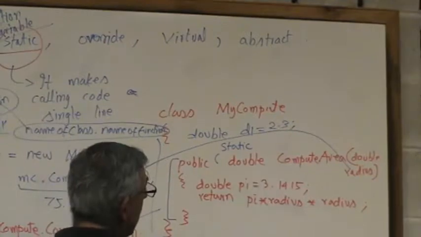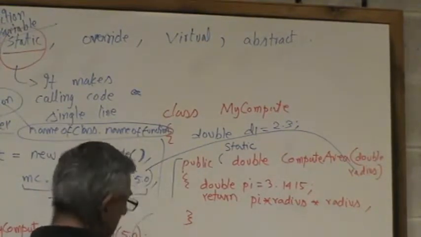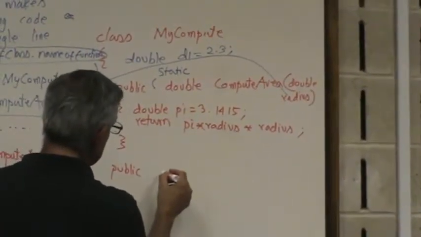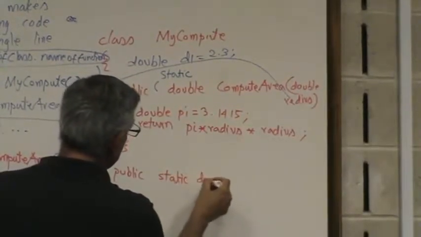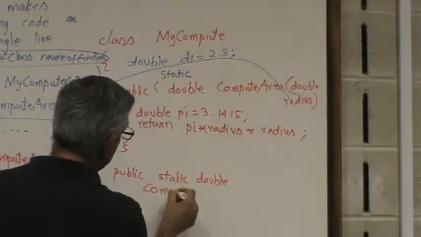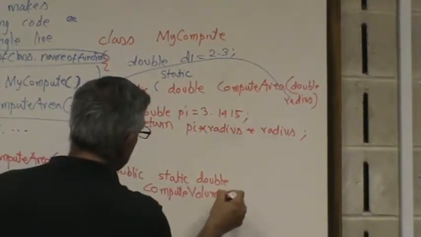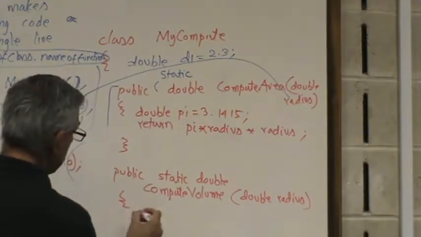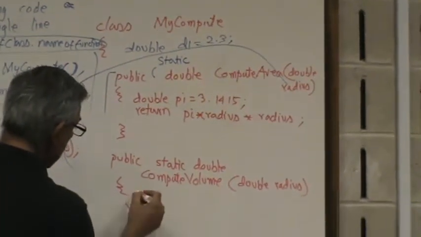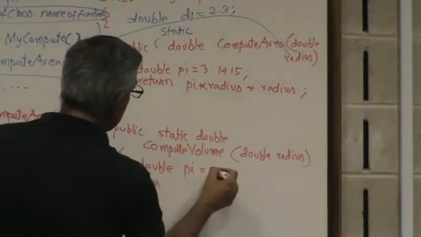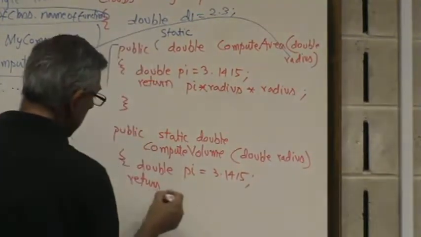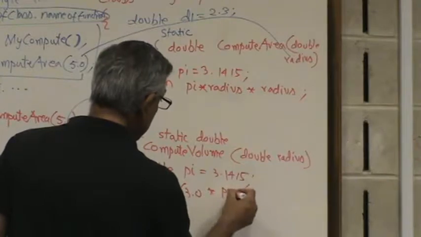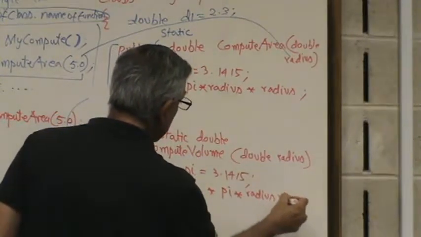But instead of putting pi over here, suppose I also had one more function over here, public static double compute volume, double radius, and suppose I said, so again double pi equal to 3.1415 and return 4 divided by 3.0 multiplied by pi multiplied by radius multiplied by radius.